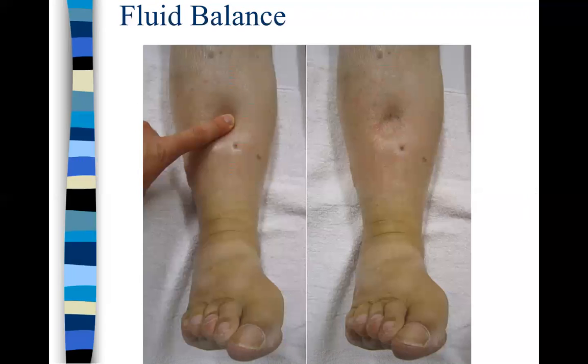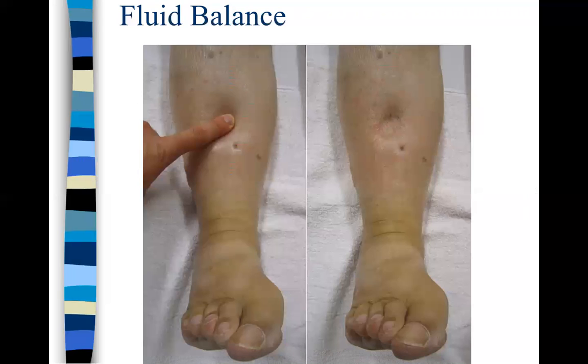And so when we have water leaking outside of the cells, filling these intracellular spaces, something called edema develops. And edema is the presence of fluid or water outside of the cell between these intracellular spaces, and outside of the blood vessels as well.